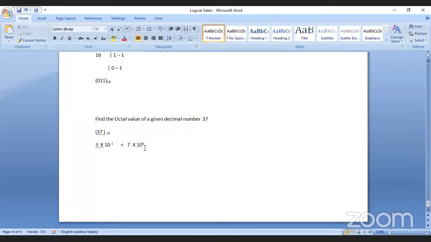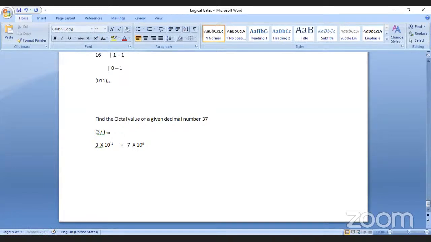Okay, what will be 10 power 0? 1. Anything power 0 will be 1.